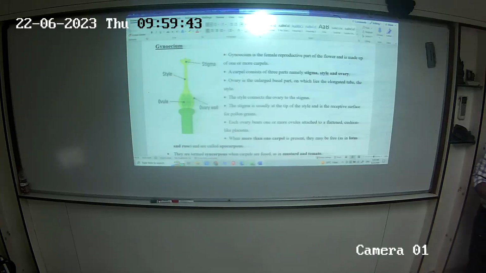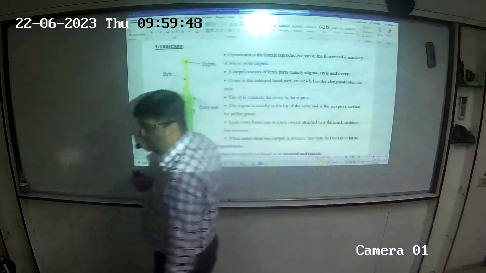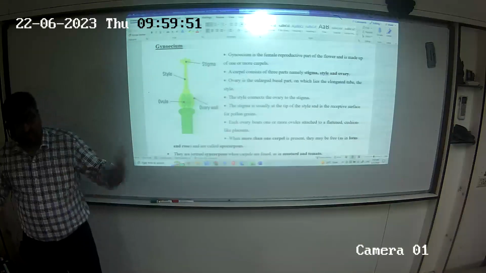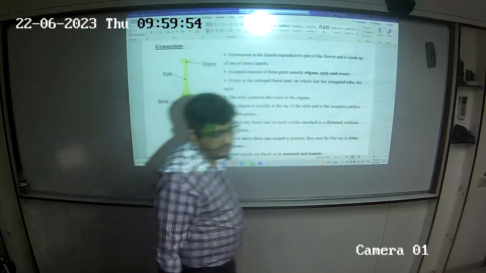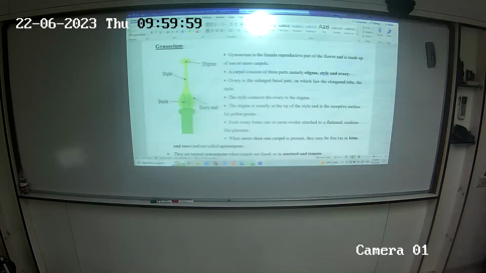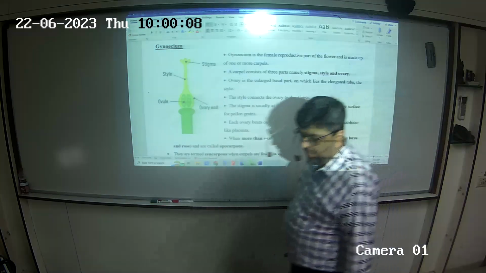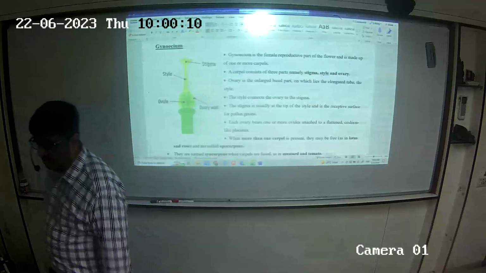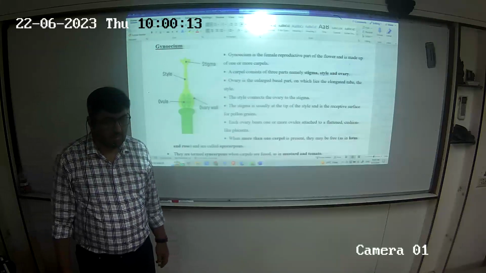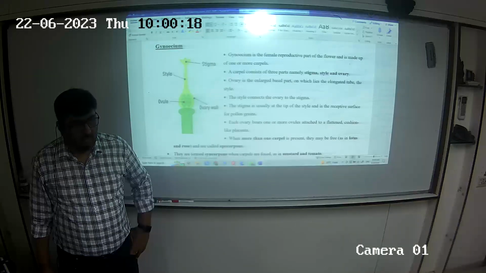The space inside the ovary, or you can say ovarian cavity, that is also fine. Locule, L-O-C-U-L-E, locule. So inside is the locule.